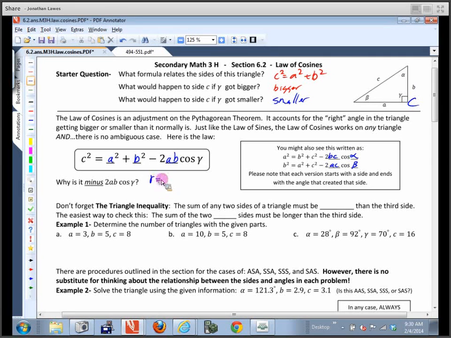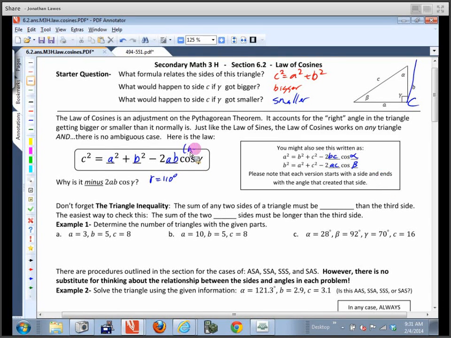What if gamma was, let's say it was 110 degrees. Now we said this is going to get bigger, right? Cosine of 110, is that positive or negative? Cosine of 110 would be the adjacent side of the x-coordinate in the second quadrant, right? Positive or negative? It's going to be negative.